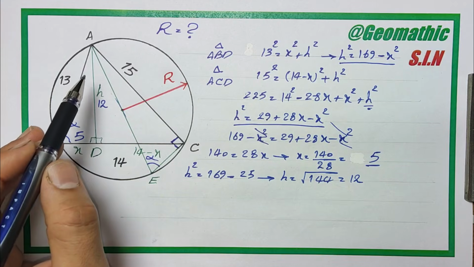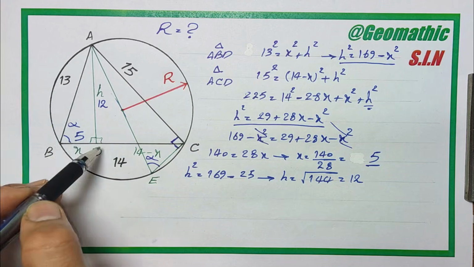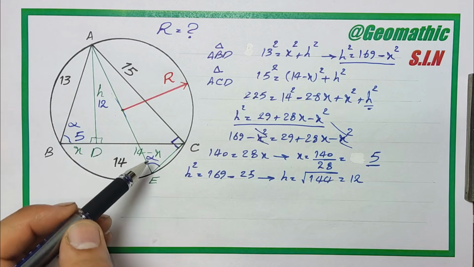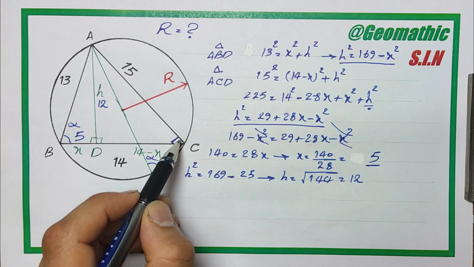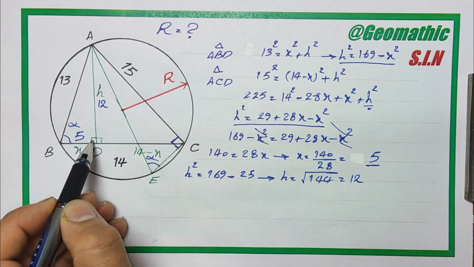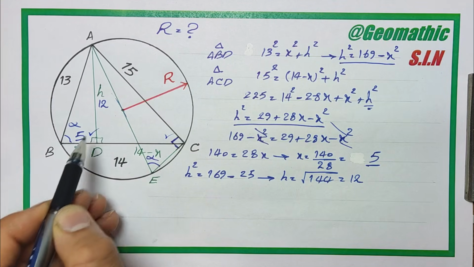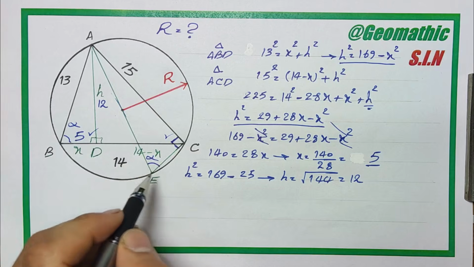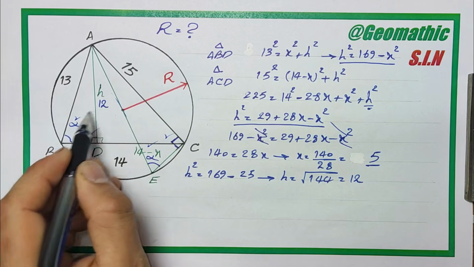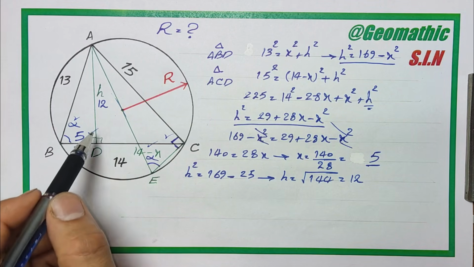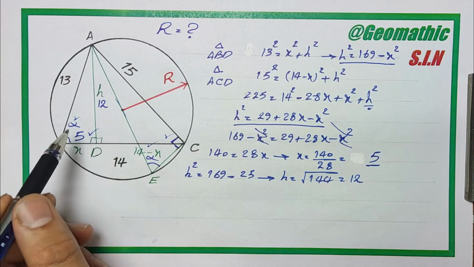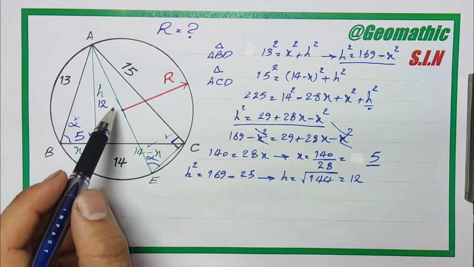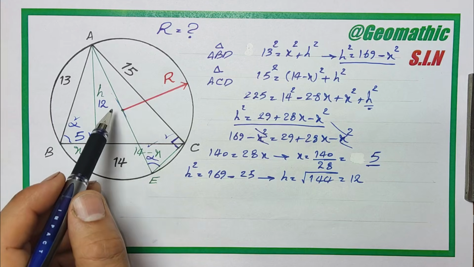Take a look at these two triangles, ABD and ACE. Both of them share two angles. One is the 90-degree angle here and here, and the other is the angle we call alpha, here and here. So these triangles are similar by the AA, or angle similarity criterion. That means their sides are proportional.